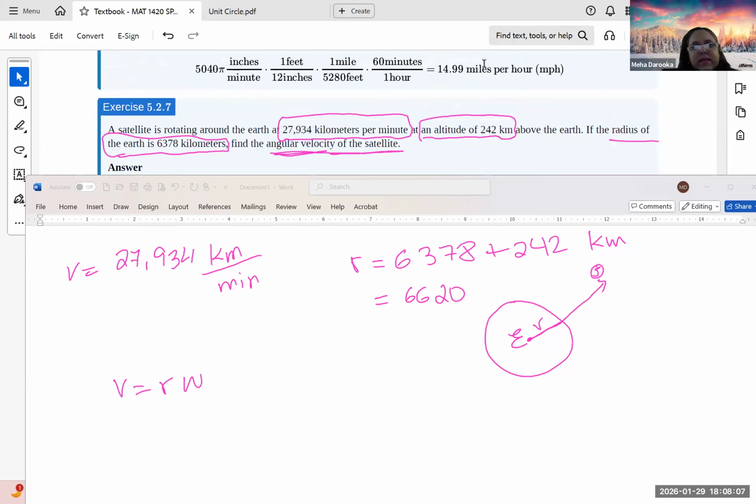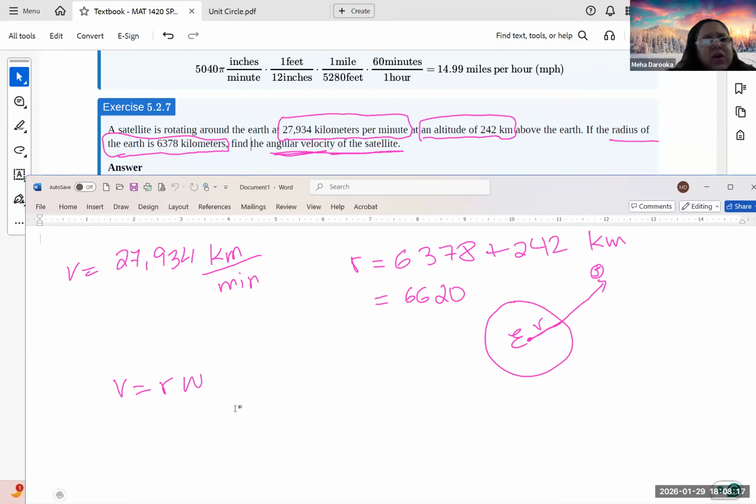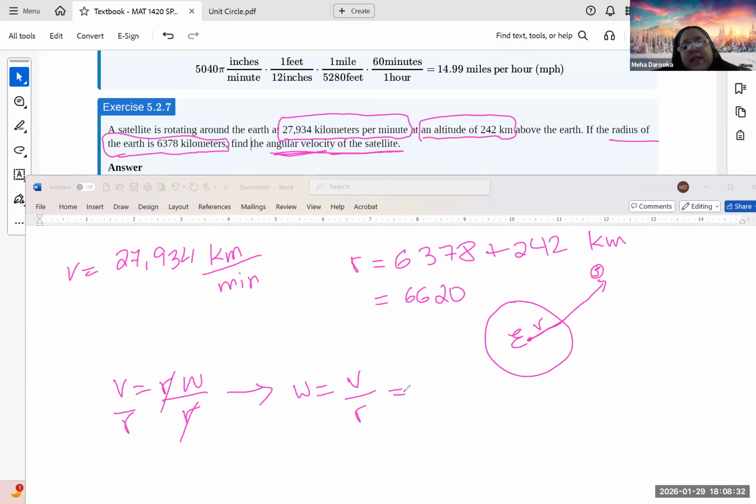All right, so let's take a look at that. Guys, you can do this before or after, whatever is more comfortable for you, but I would go ahead and divide both sides by the radius so that you can get omega by itself. So omega equals linear velocity divided by the radius.